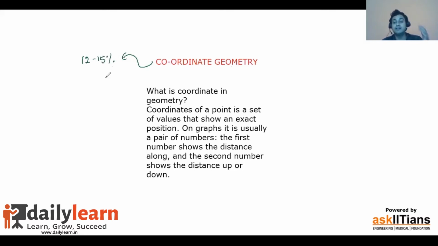boards. Out of 100, you might expect some two or three questions of 4 marks or 3 marks respectively from this particular chapter and the chapter straight lines. This chapter helps in drawing the graphs of different straight lines. Now if you look at the Olympiads, there's a similar kind of weightage.